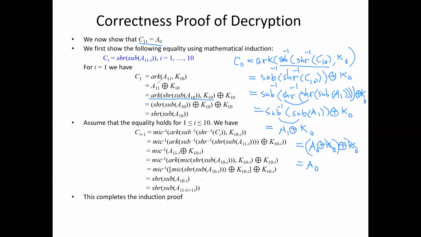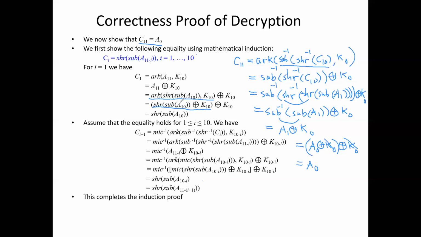That's A11. So here, if you put this round key into here, we get this. So this and that is the same. And then these two K10s are the same, so that's canceled. So what is left is this part.